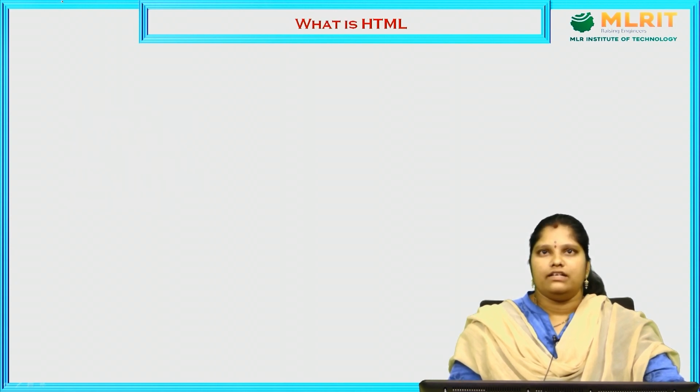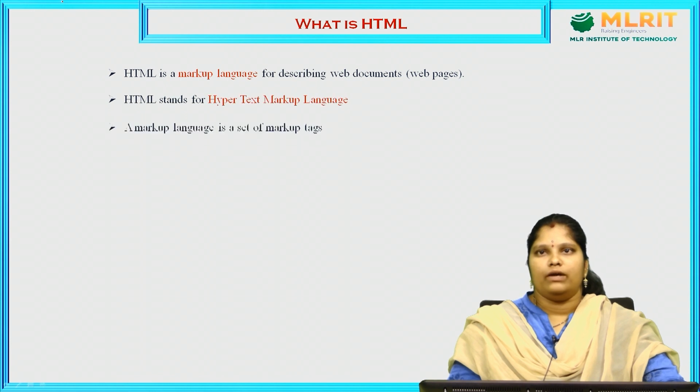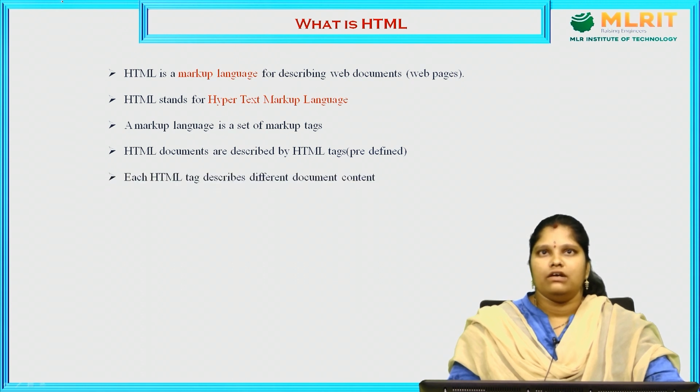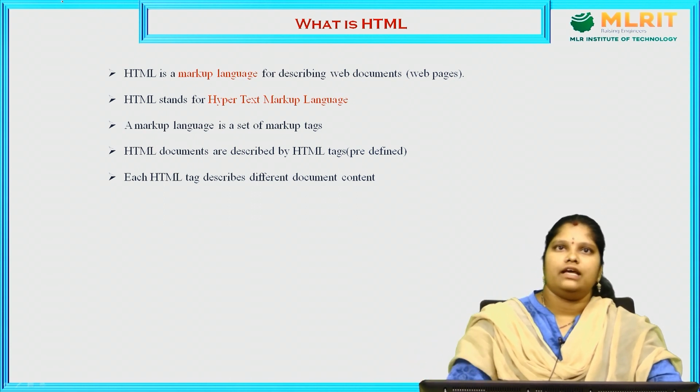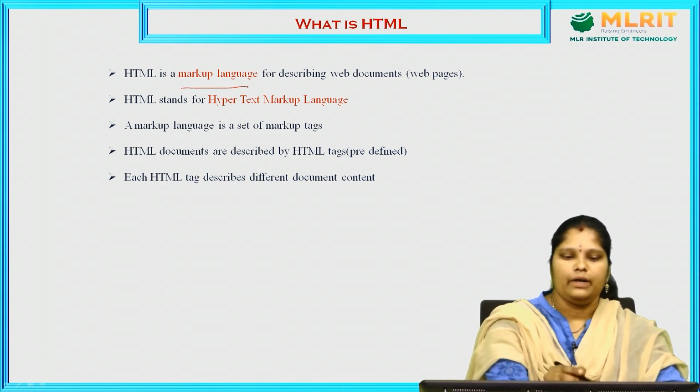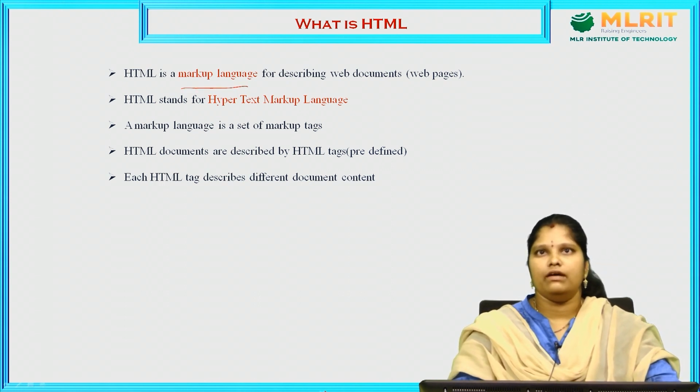And what is HTML? Already we know why we are using HTML. HTML is the hypertext markup language and it is used for creating web documents or web pages. HTML is a markup language for describing web documents or web pages.